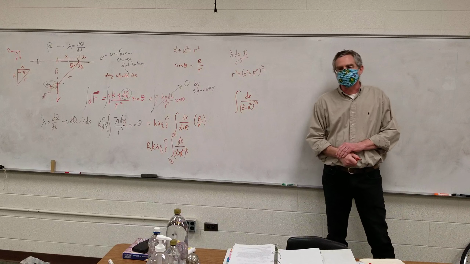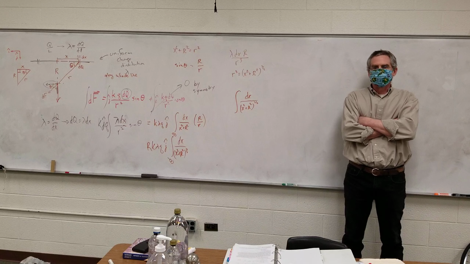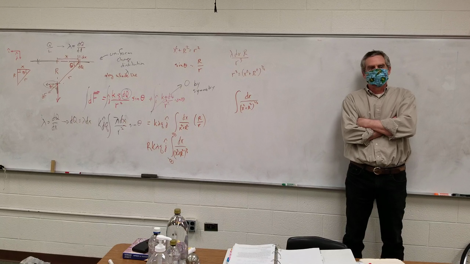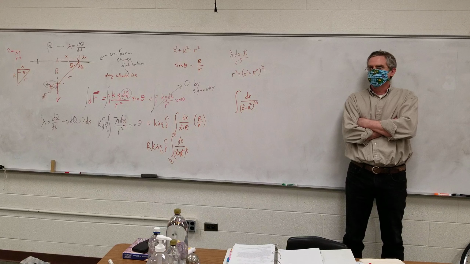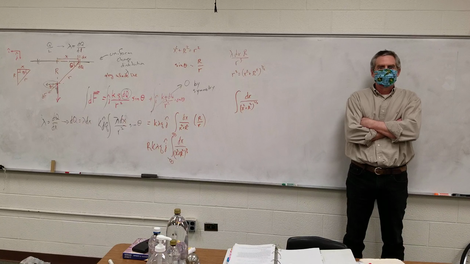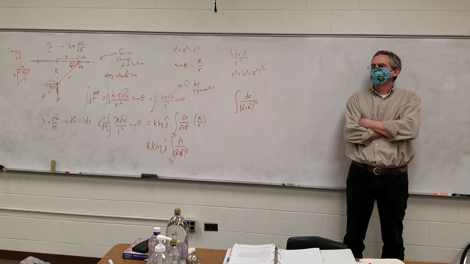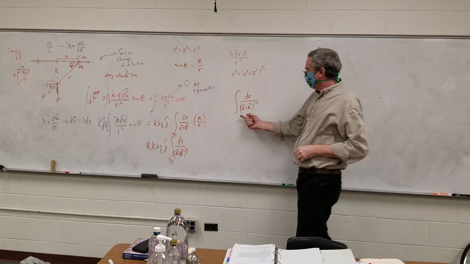All right, there's 2 approaches to doing this. In math class, how would you do it? What's the approach you would take? Probably some sort of substitution. What kind of substitution? U. What would you use for u? The x squared plus r squared?